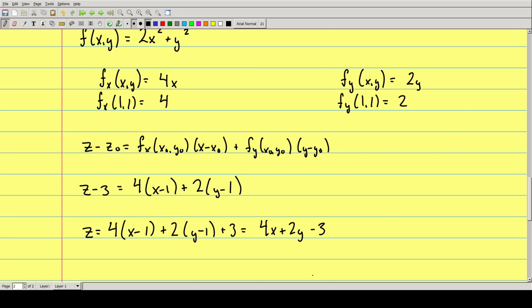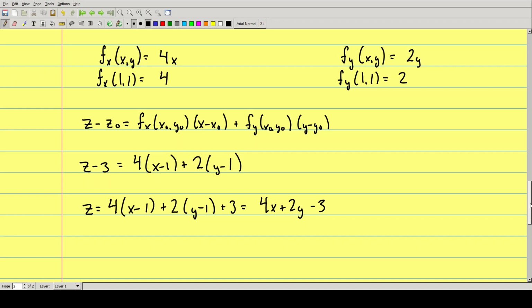Okay. So this should be our tangent plane at the relevant point.